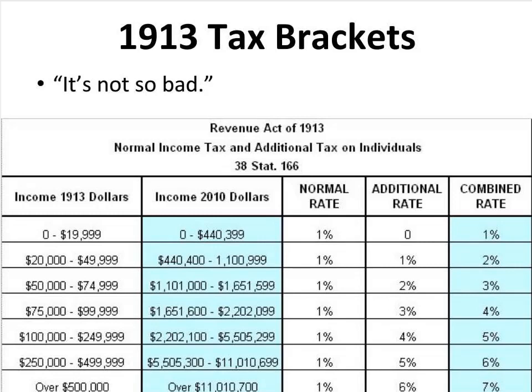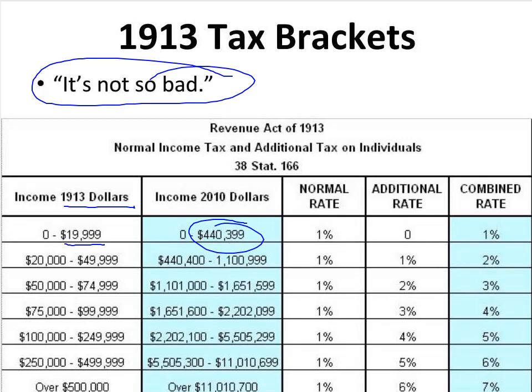And the real message in 1913 is, hey, it's not so bad, because if you look at this, in 1913 dollars, if you made up to $20,000, which in 2010 adjusted for inflation dollars is over $440,000, you only paid 1% in income taxes because there were no additional income taxes charged of you.